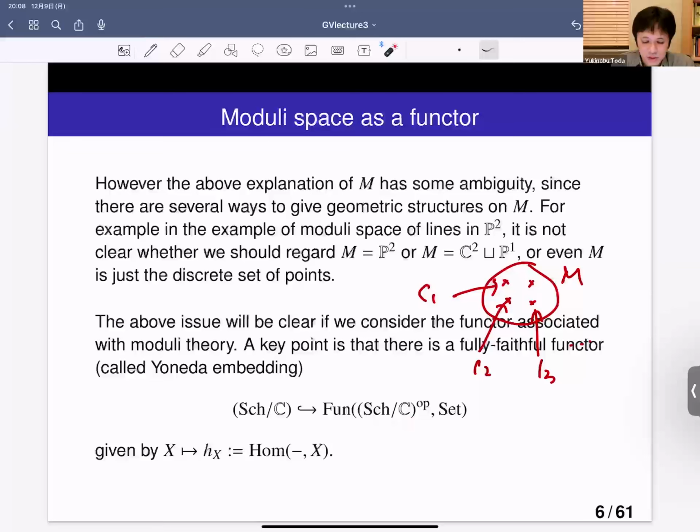And this embedding is given by sending each scheme X to this functor: for each scheme Y, we associate the set of maps from Y to X. It is an exercise that this is in fact a fully faithful functor, and we can regard the scheme as a functor.